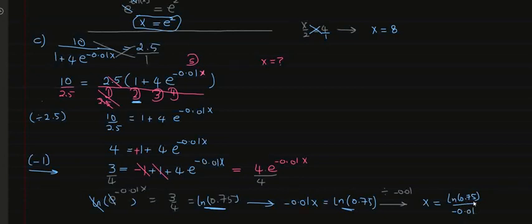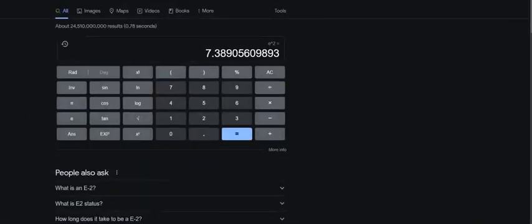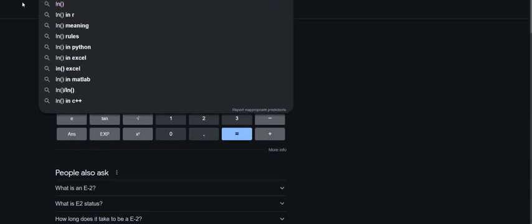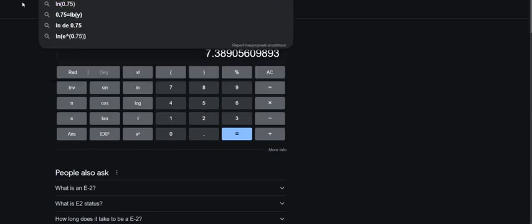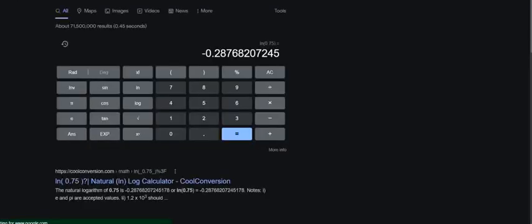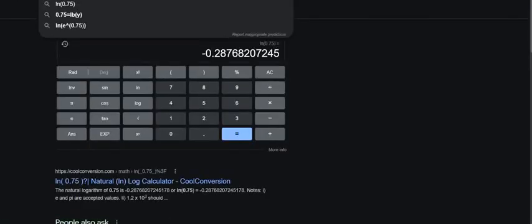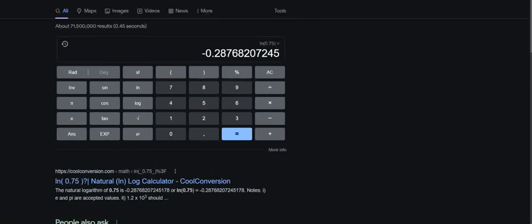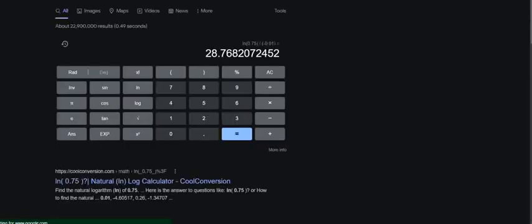That's the ln of a decimal, which will be negative. So I will take ln 0.75. I will write it here. Ln of 0.75. That's it. Divided by the negative 0.01. This will be that number, 28.76.